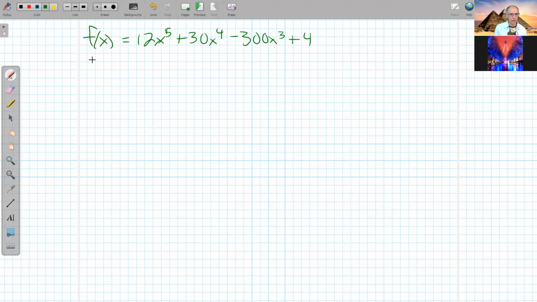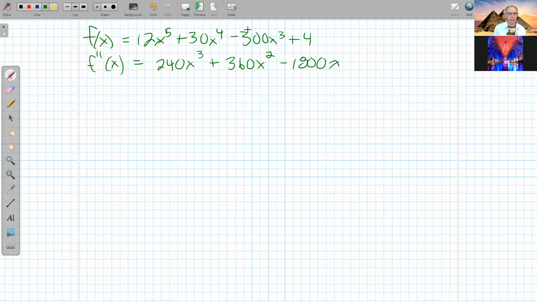And then we found that the second derivative, f double prime of x, was equal to what? 240x to the 3rd plus 360x squared minus 1800x.